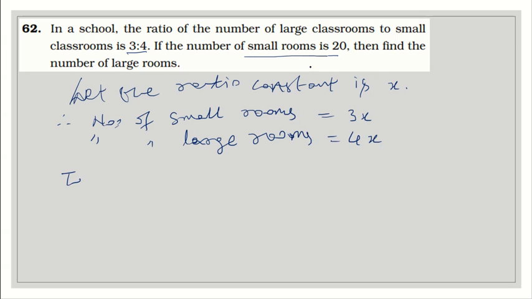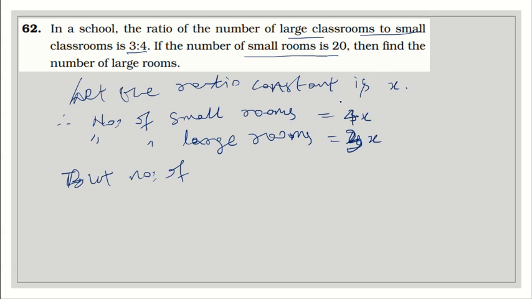Here we have got, but number of small rooms, here small rooms to large rooms, yes, large rooms to small rooms, that means this becomes 4x and this becomes 3x.